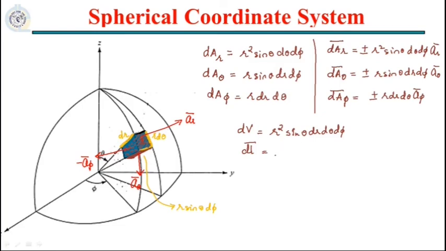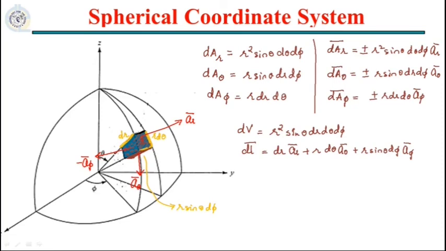Along r you have dr as the length, dr a_r bar, plus along theta you have r d theta as the length, so r d theta a_theta bar, and along phi the length is r sine theta d phi, so r sine theta d phi is the magnitude times the unit vector. So this gives our differential length vector.